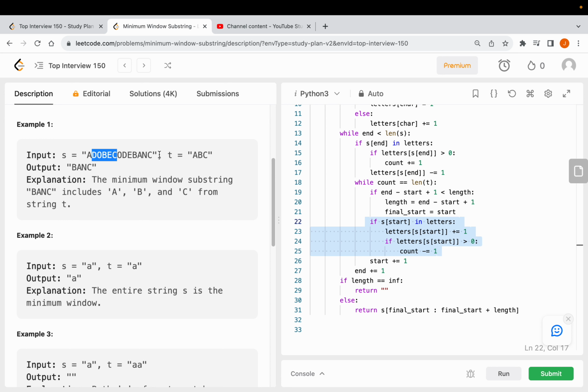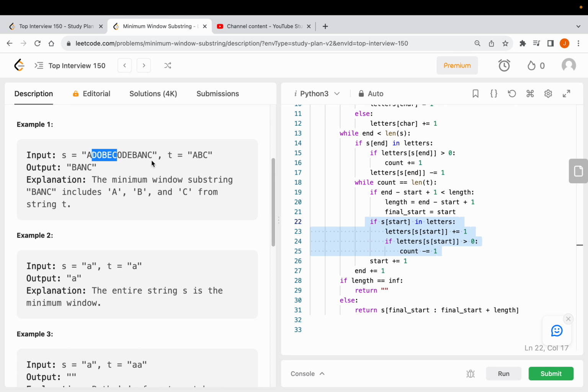So earlier, every time we see a letter that is inside the window, we had decremented its frequency because we needed 5, but now we only need 4.